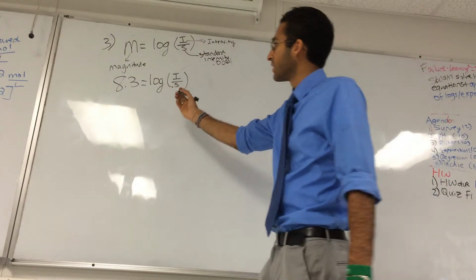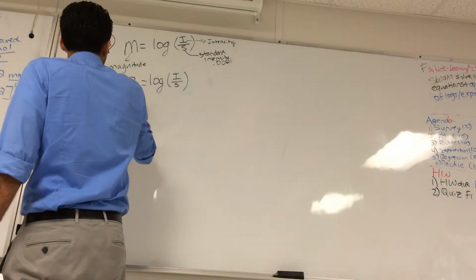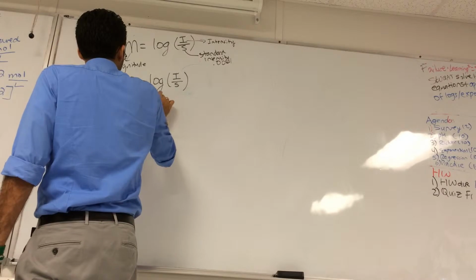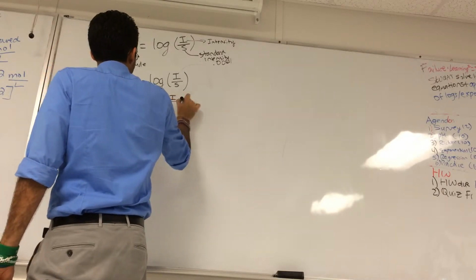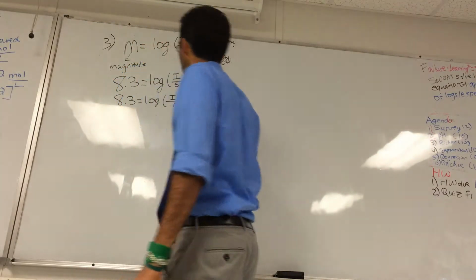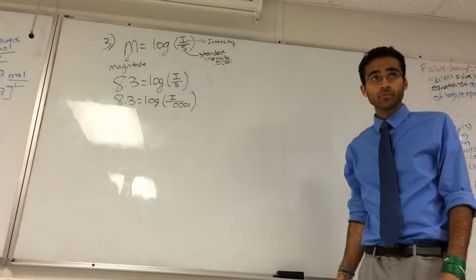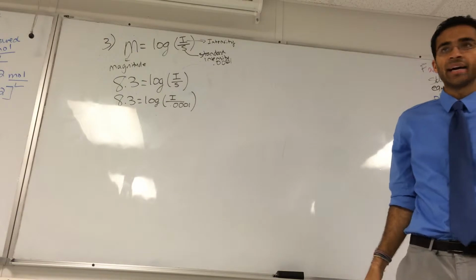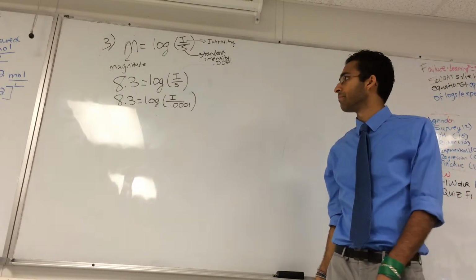We can just replace that. So on the next line, I'll write 8.3 equals log of I divided by 0.0001.